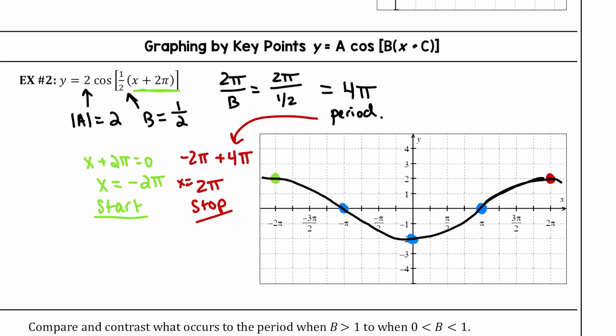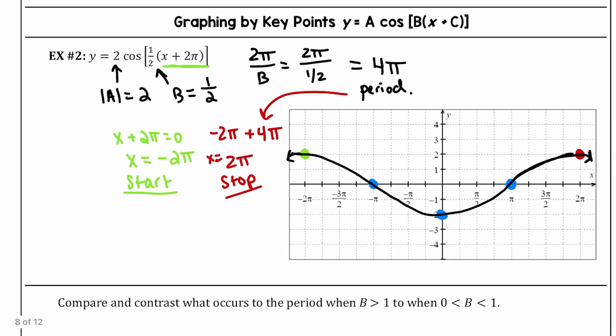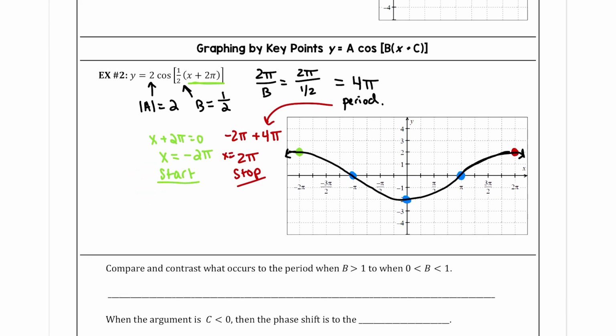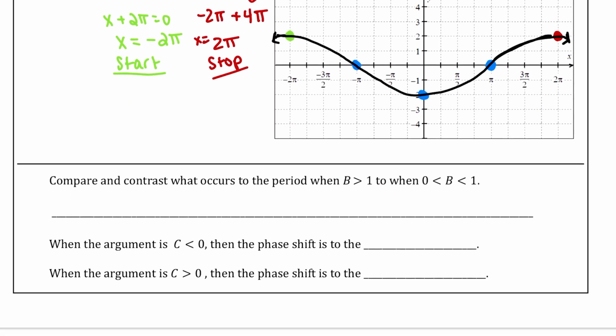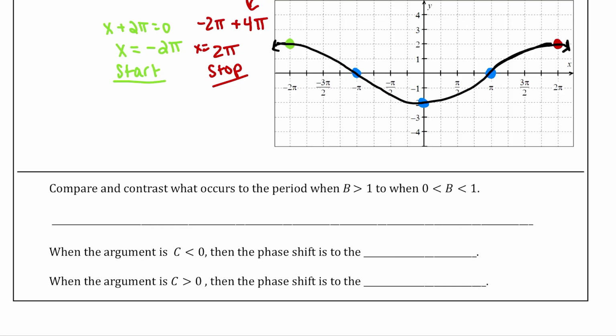We go. And that is our cosine function. Awesome. So now we're going to compare and contrast what occurs to the period when b is greater than 1 to when b is in between 0 and 1, right?